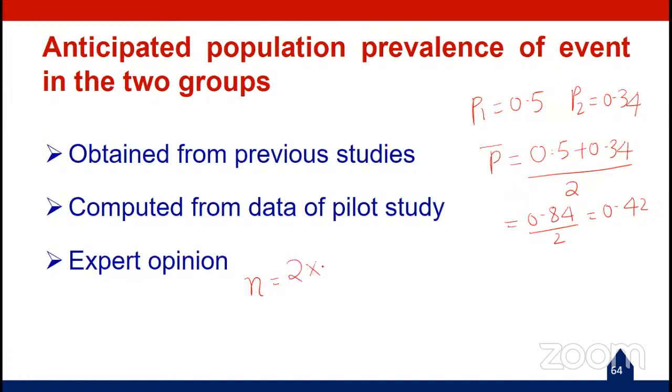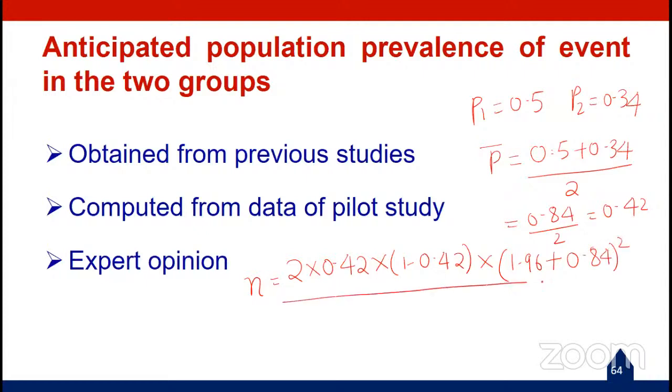So N, the sample size in each group, is 2 into 0.42 into 1 minus 0.42 into 1.96 plus 0.84 whole square, divided by 0.5 minus 0.34 whole square.